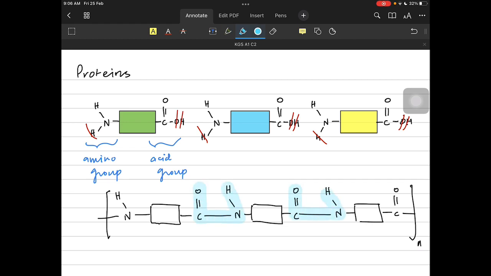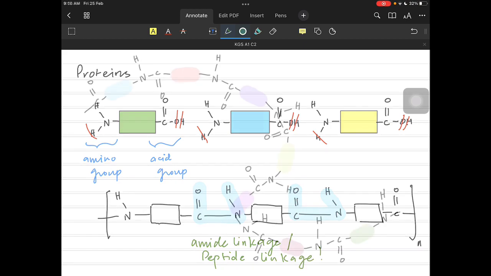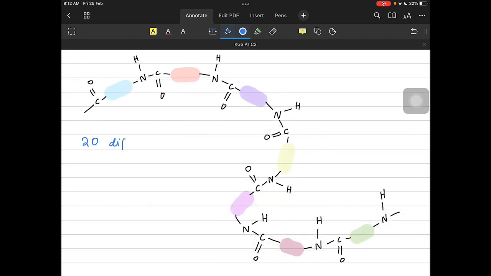These linkages are known as the amide linkage, also known as the peptide linkage. So in the language of biology, we can call it peptide linkage as well. And we have already done a video on how it's an amide linkage. So over here in a protein, we've got so many amide linkages between amino acids. Technically in biology, we have only 20 amino acids possible.